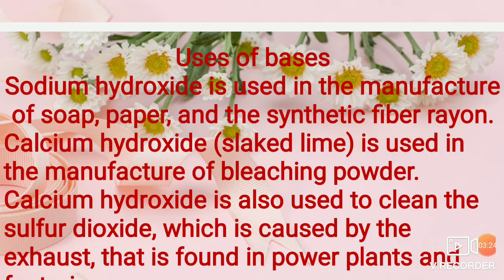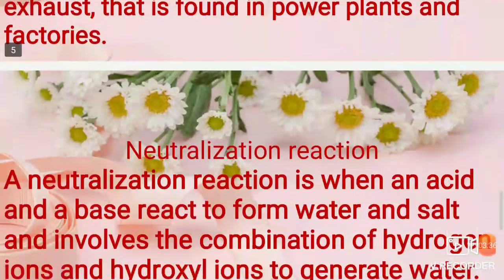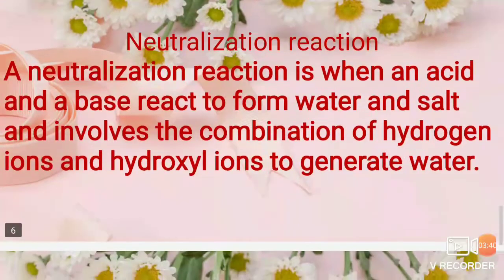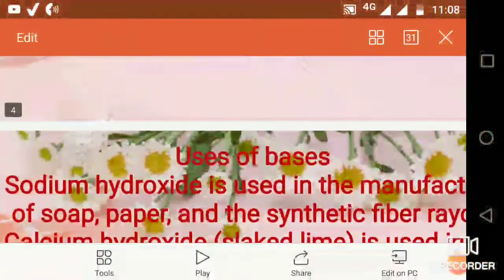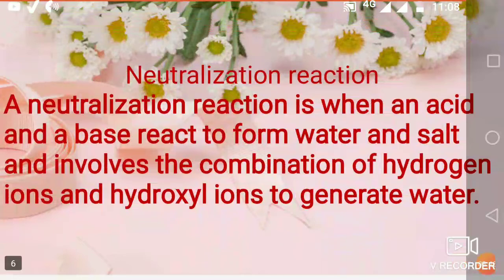Calcium hydroxide is also used to clean sulfur dioxide, which is caused by the exhaust found in power plants and factories. Many other uses of bases are also for making different types of substances.